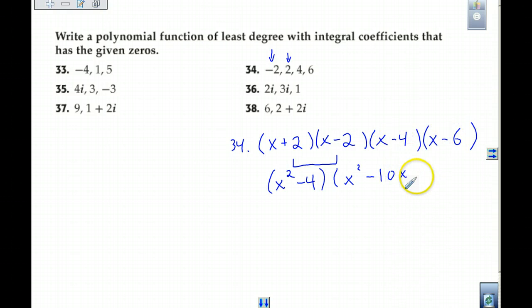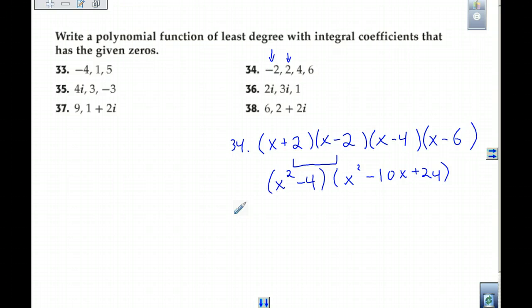Multiply them, 24. And then maybe at this point go ahead and do a box and multiply it all out to get the final polynomial. I highly recommend multiplying 2 of them together and then 2 of them together and multiplying those 2 together, as opposed to taking this answer and multiplying it by x minus 4 and then taking that answer and multiplying by x minus 6. It's a little bit more lengthy.